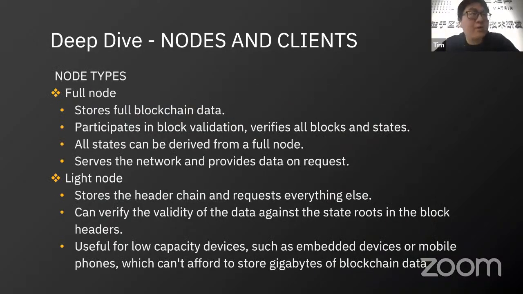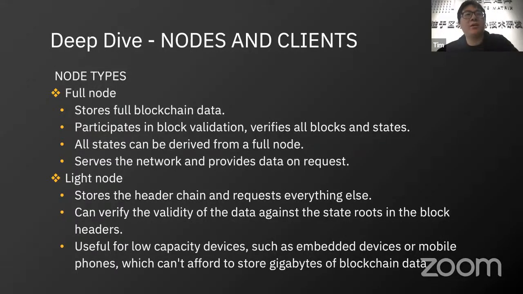Okay, so there are different types of nodes. The first type is full nodes. It's quite heavy, so it stores the full blockchain data. And it can participate in block validation and verification, and all states can be derived here. But it's hard to sync the full nodes because it stores the entire blockchain data. Light nodes basically just store the header and request everything else.